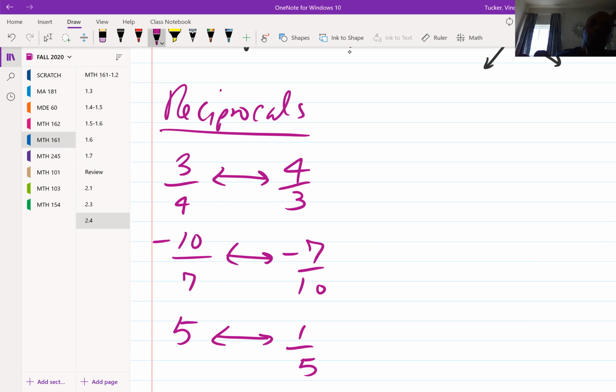If we're just talking about reciprocals, reciprocals are just flipping your fraction. So if I have 3/4, then the reciprocal of 3/4 would be 4/3. And I have an arrow going back and forth because the reciprocal of 4/3 would be 3/4. Negative 10 over 7, then the reciprocal would be negative 7 over 10. Then the reciprocal of 5 is 1 over 5. So if we're just talking about reciprocals, all we're doing is flipping our fraction.